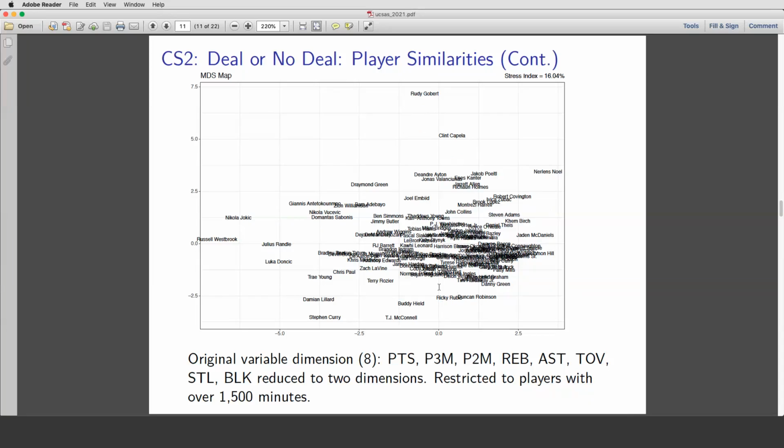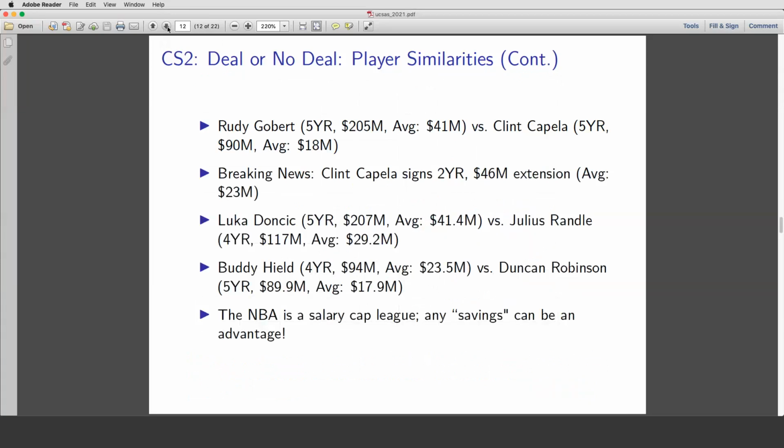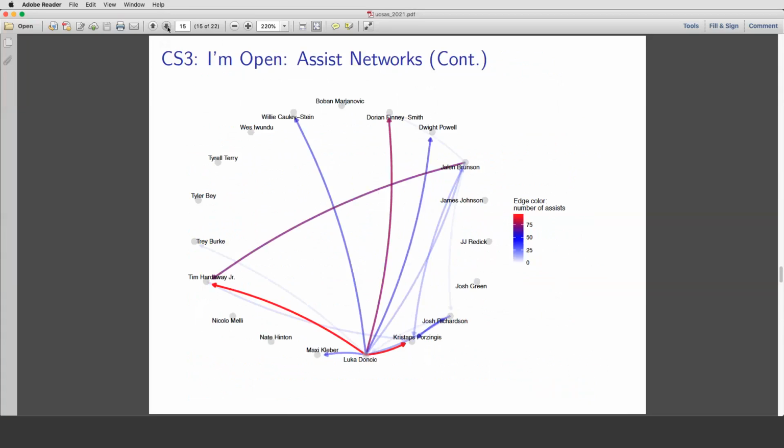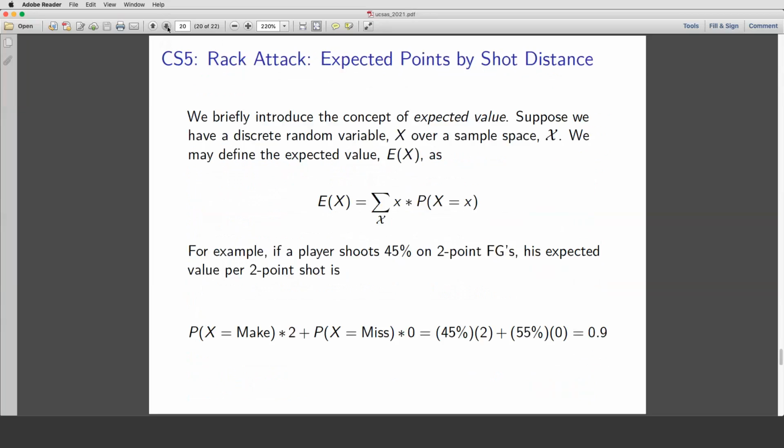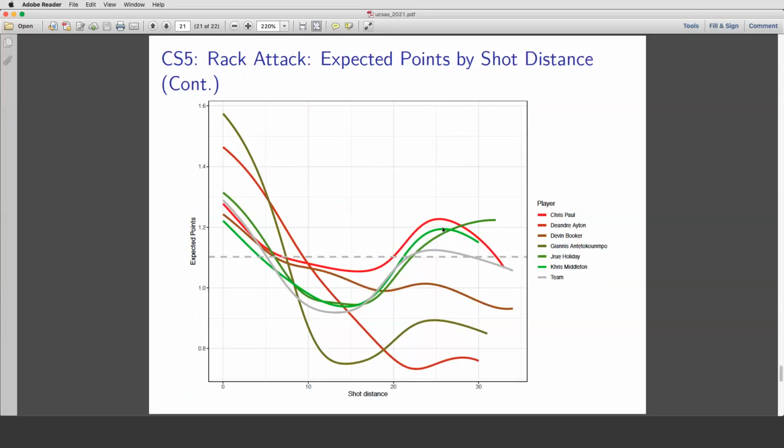Other types of things: you try to target certain players, and you can compare a couple. The major one is this plot right here.